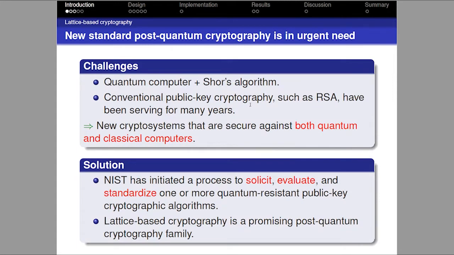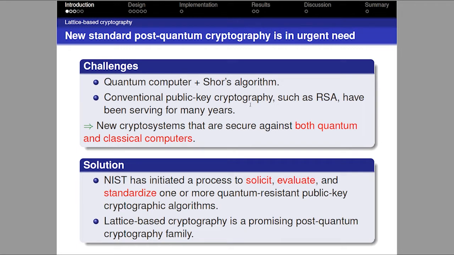There are many challenges in current cryptography. The quantum computer has been studied for many years. If larger-scale quantum computers are ever built, they will be able to break many of the crypto systems currently in use with short algorithms. On the other hand, conventional public key crypto systems such as RSA have been serving for many years.